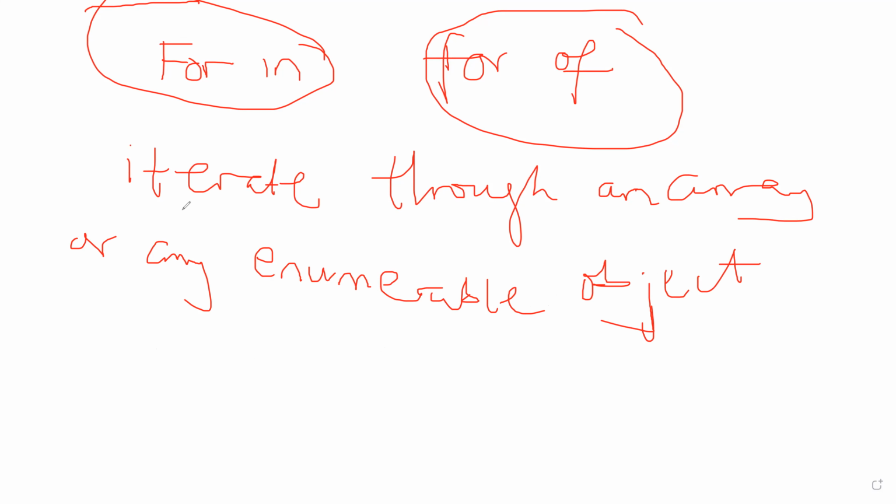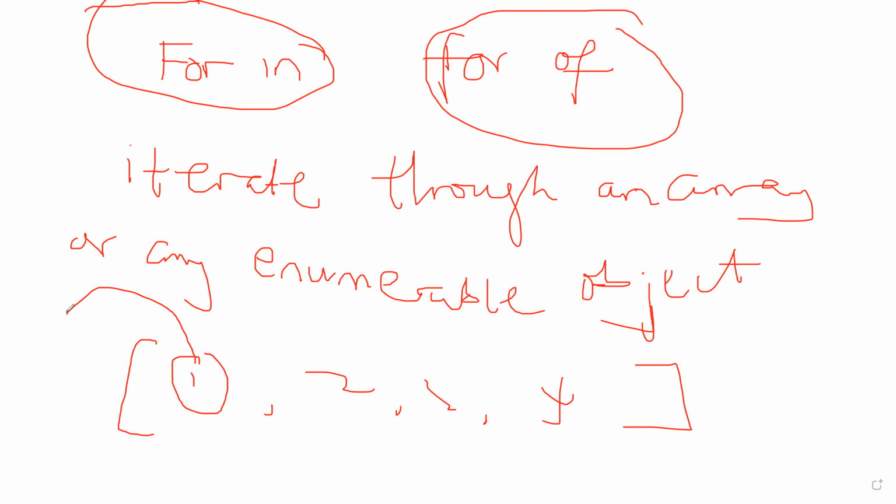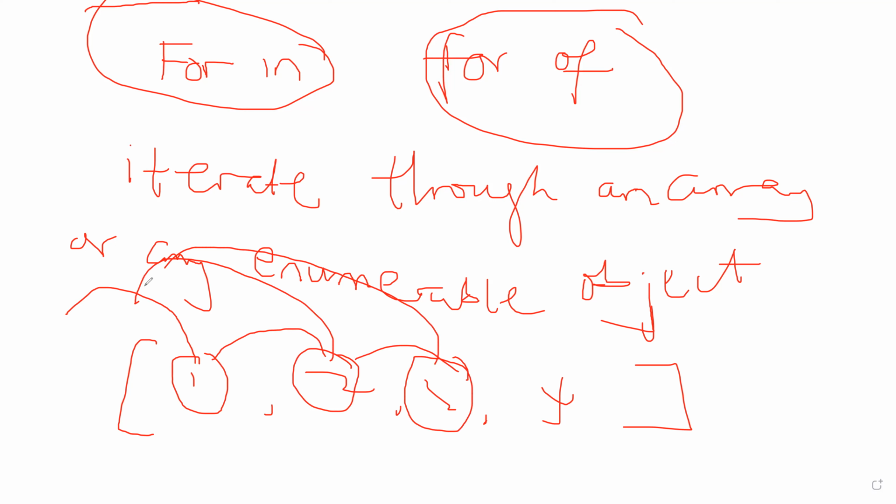So just like an array that you have, let's say 1, 2, 3, and 4, the for loop and the while loop go in, pick one, do something with the first one, then move to the next, take it out, do something with it, then go to the next, pick it and do something with it, then go to the next and pick it and do something with it.